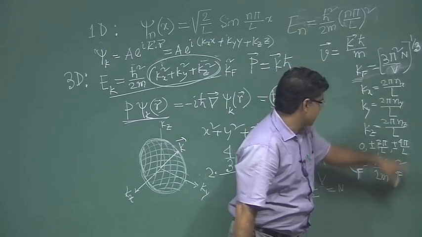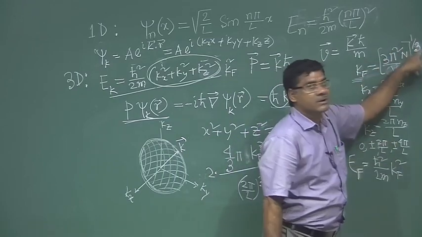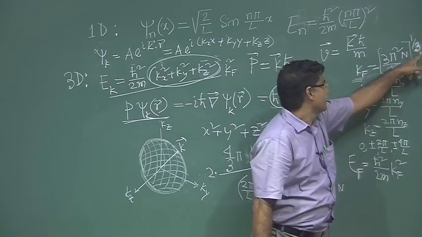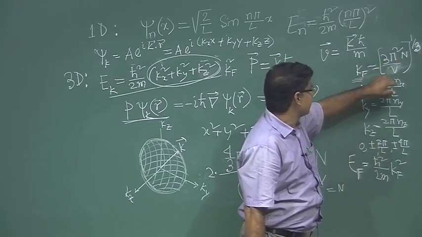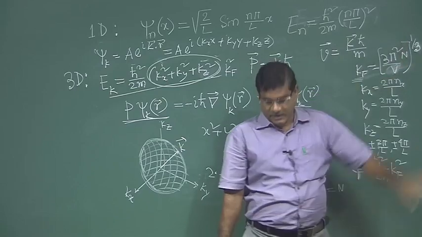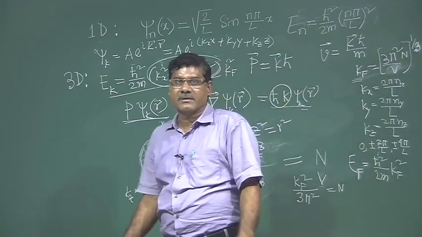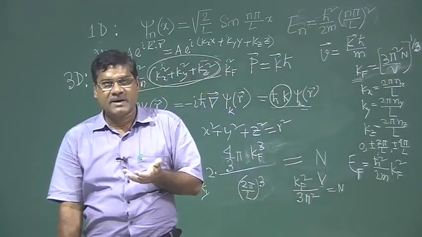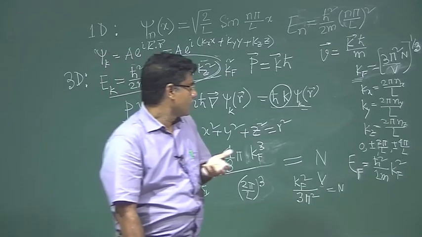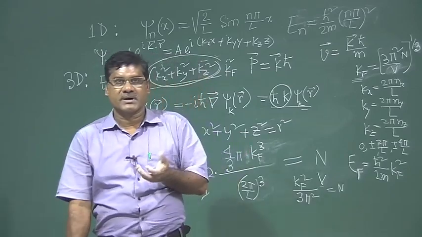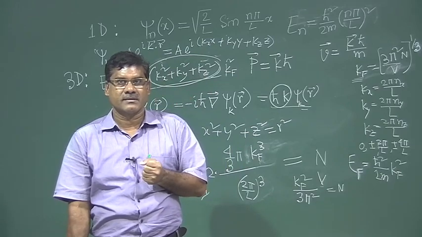If you put this in, it will be to the power 2/3. So, again the energy depends only on the number density of orbitals or energy levels.